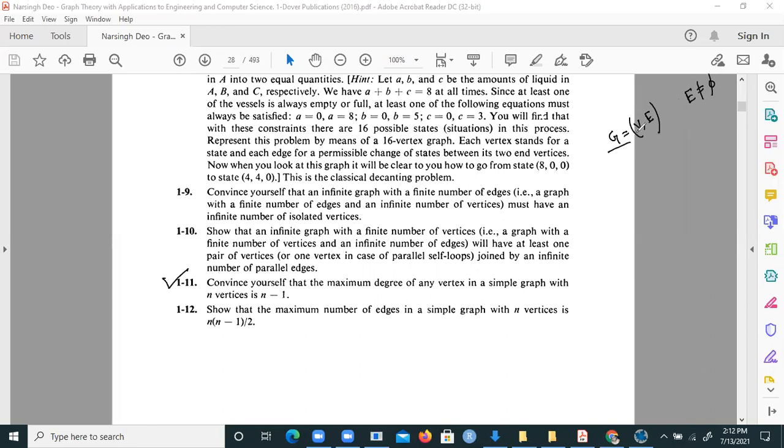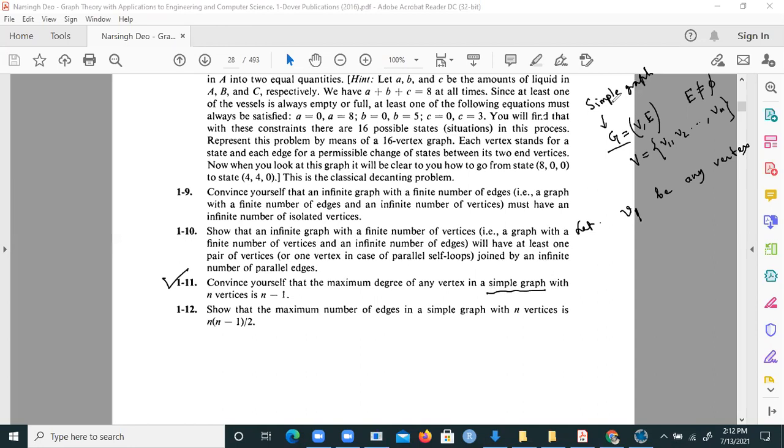Now, if we consider such a graph, and suppose the vertex set contains n vertices, V1, V2, ..., Vn, it is saying that if I consider any vertex, say V1, let V1 be any vertex. And there is another extra condition they have imposed here: this graph is a simple graph.